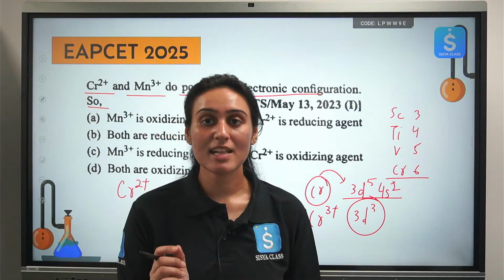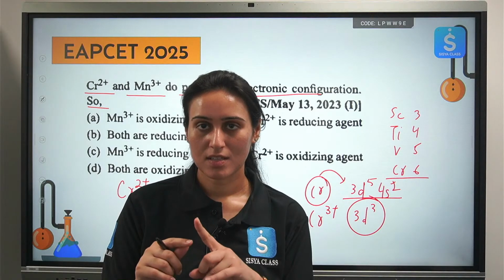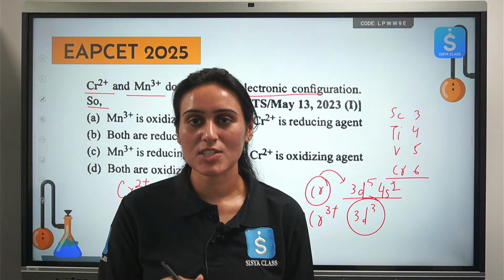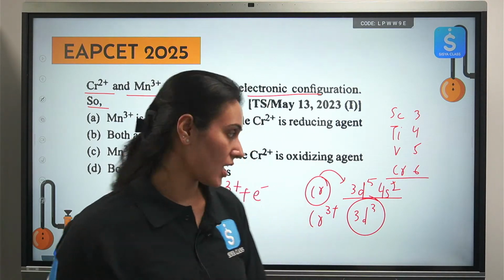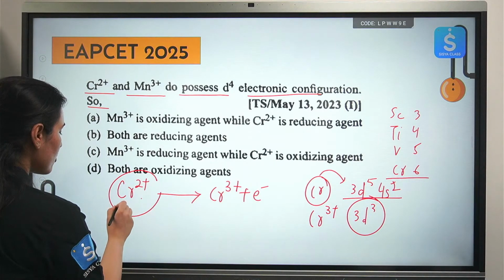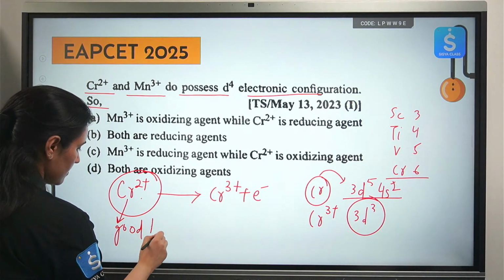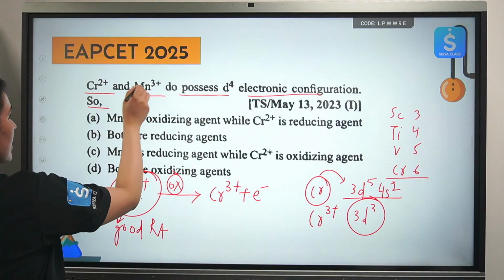Okay, so chromium 2+ will try to convert into chromium 3+. It is itself undergoing oxidation. So it will behave like a good reducing agent. Reducing agent reduces others, itself undergoes oxidation. Okay, so chromium 2+ itself undergoes oxidation, will behave like a good reducing agent. What about Mn3+?